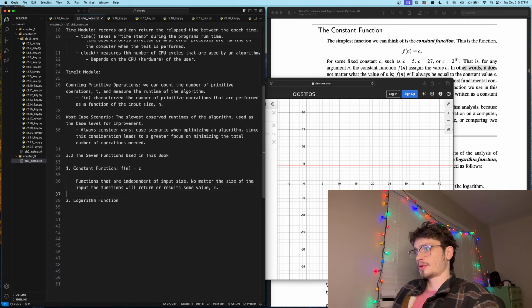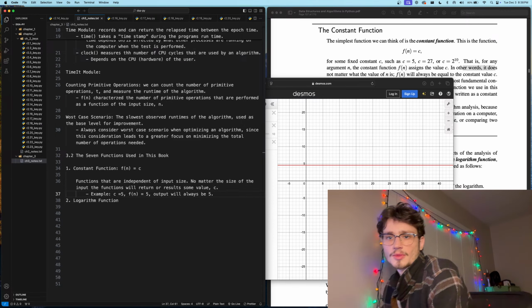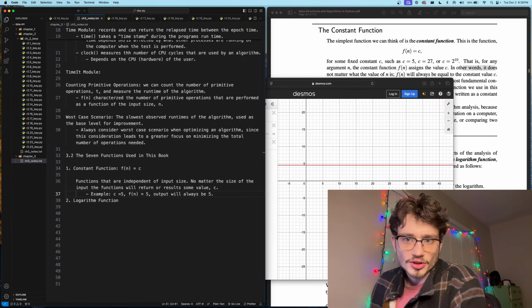For example, f of n is equal to c, which is equal to 5 for c equal to 5. f of n is equal to 5. The output will always be 5. Okay? Interesting. Okay, so let's get to the Cobb sheet.